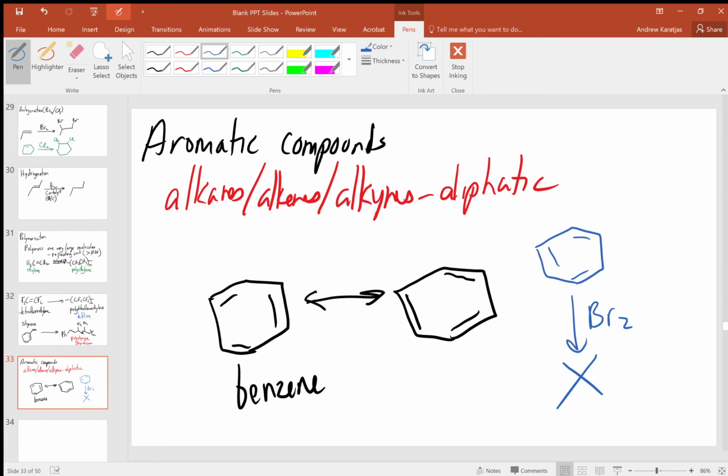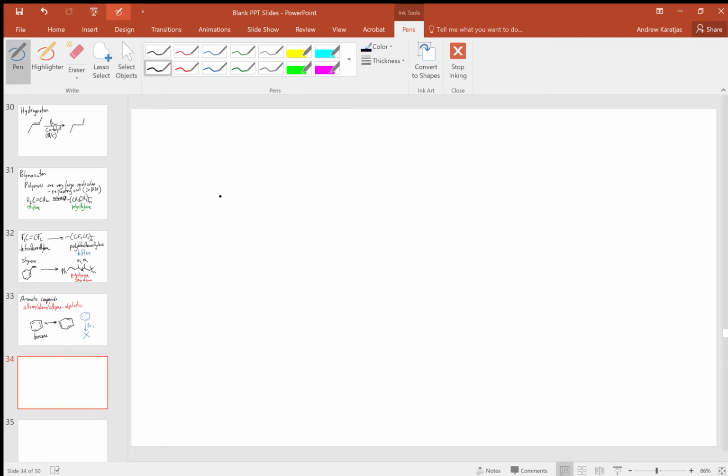And so what they eventually realized is that these 6 electrons, and by 6 electrons we're talking about these two, and these two, the 6 electrons of the double bonds, are what we call delocalized.